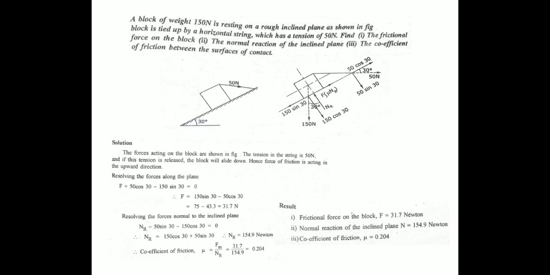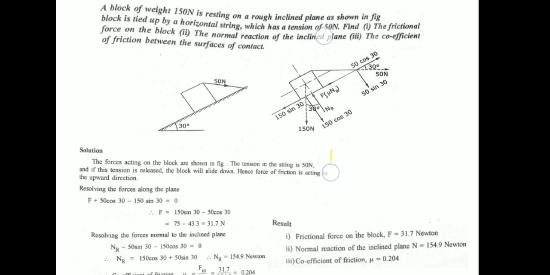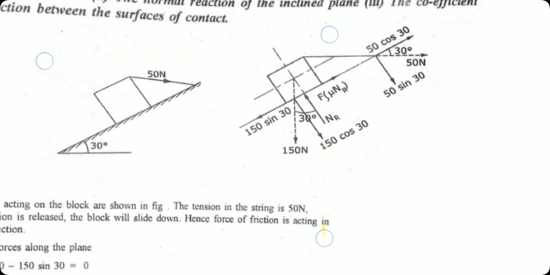You can see from here that in the absence of tension, the object may tend to slide down. Due to the sliding motion, the friction will act in the opposite direction. So draw the free body diagram.